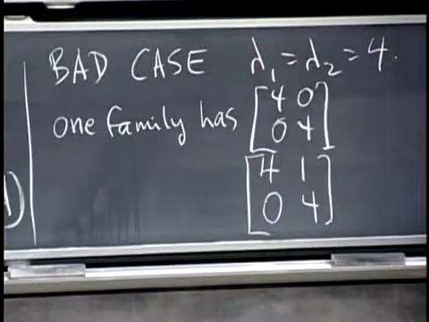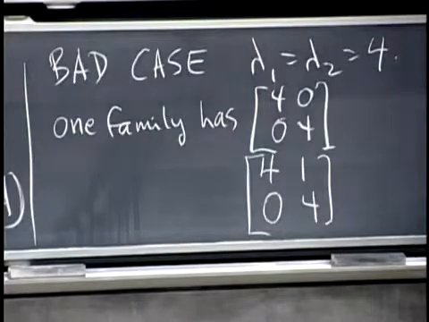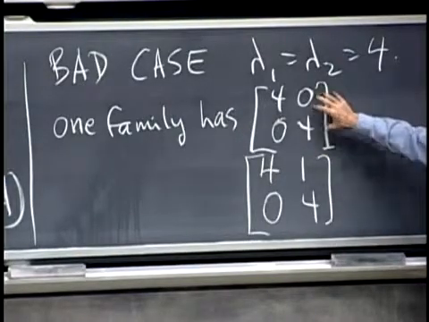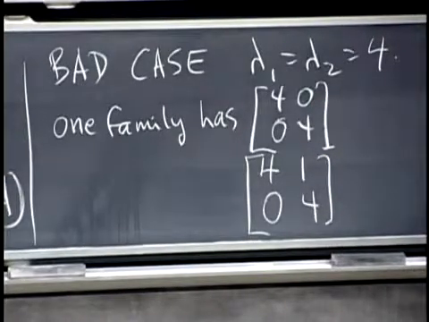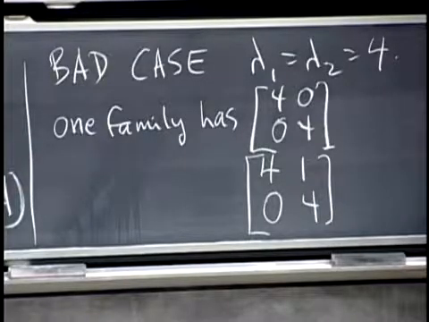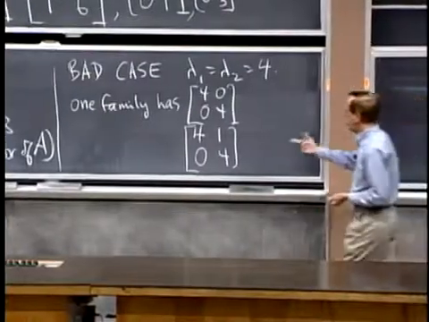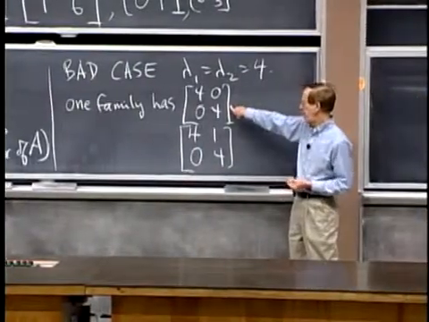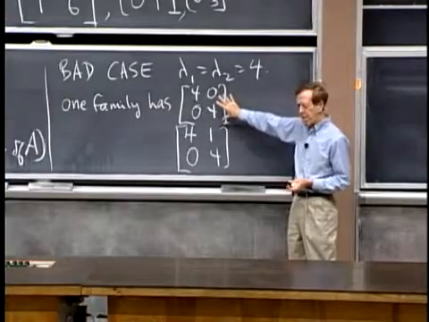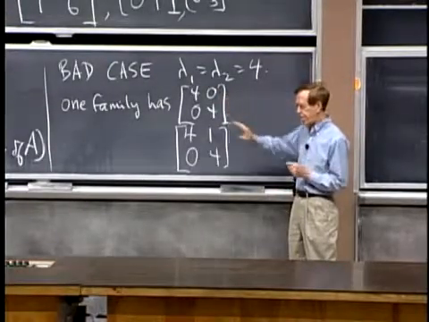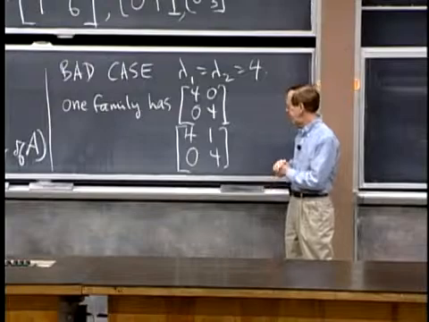And my point, here's the whole point of this bad stuff, is that this guy is not in the same family with that one. The family of matrices that have eigenvalues 4 and 4 is two families. There's this total loner here who's in a family off by himself.